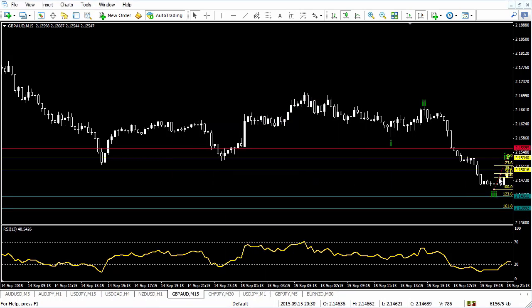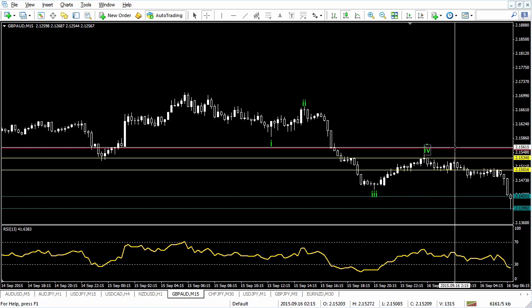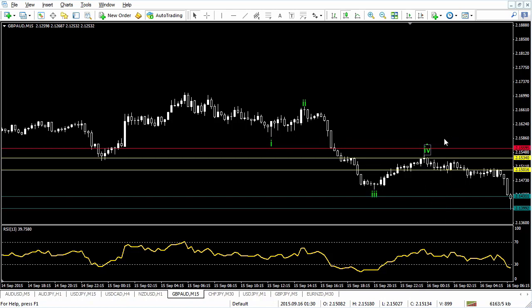Okay, now we can remove our Fibonacci that tells us what to do with the targets, and we can start watching what the market would do to us. Okay, it seems that we would be filled in both positions and our stop loss would hold.